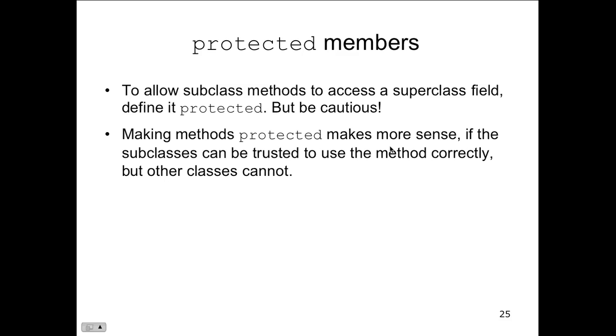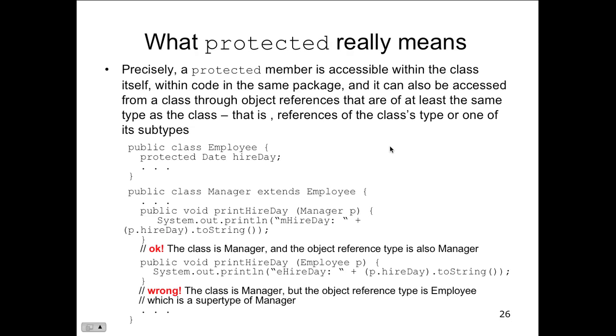Otherwise, make it private, or you open up the door. In fact, a lot of people just make everything protected if they think it's going to be inherited, and they don't use private anymore. But can you trust the class? All the classes? You're essentially making it public to all the classes.